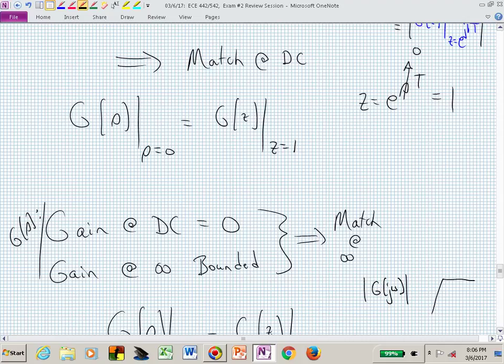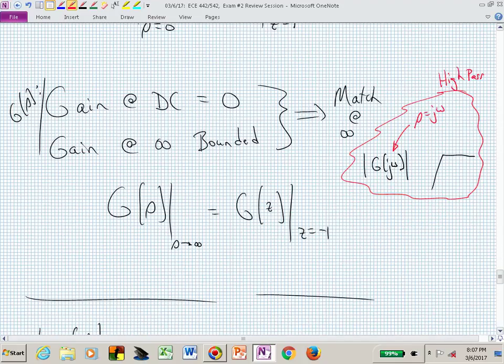This is now more of a high pass behavior for our transfer function g of s, with s equal to j omega. Then we would match at infinity, which says we would let s march off to infinity in g of s. We should get a bounded number, and we'll set that equal to g of z when z is at its infinity, which is z equal to minus 1.